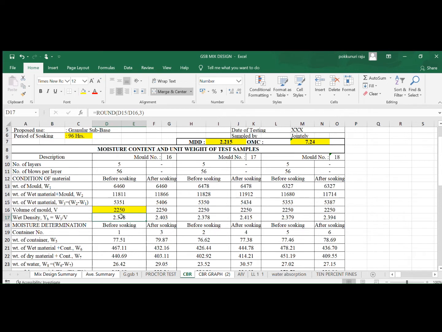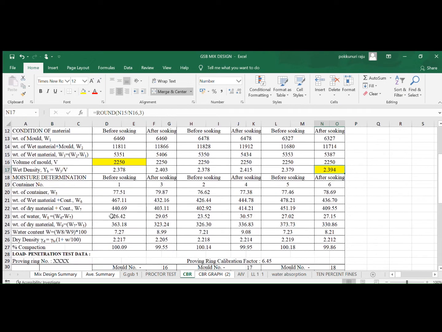The wet density before soaking and wet density after soaking is noted down for each mold. As you can see, wet density before soaking is 2.378, and wet density after soaking varies from 2.403 to 2.394, as shown in the table.